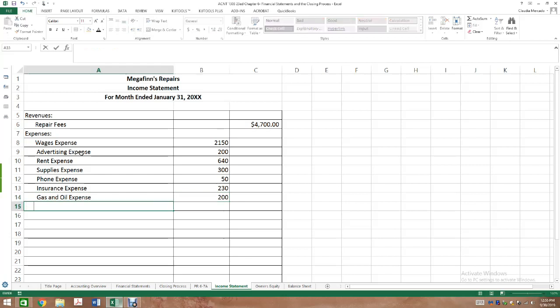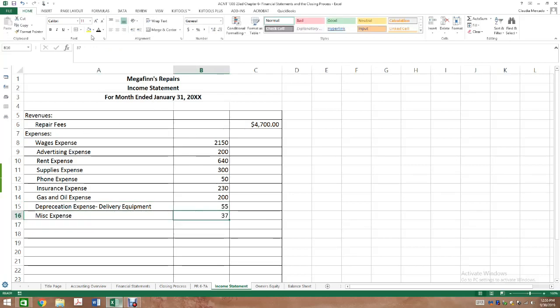And we have depreciation expense for the delivery equipment of $55. And last but not least, we have our miscellaneous expense of $37.